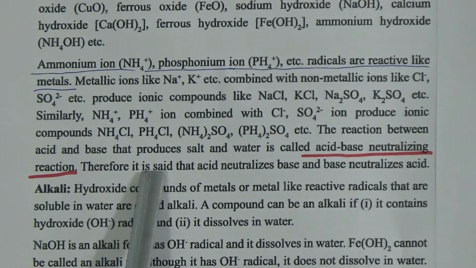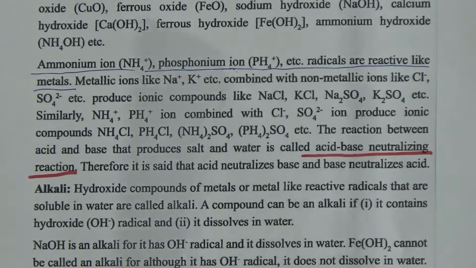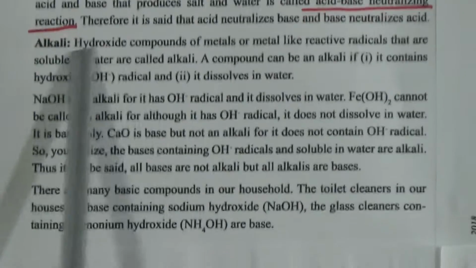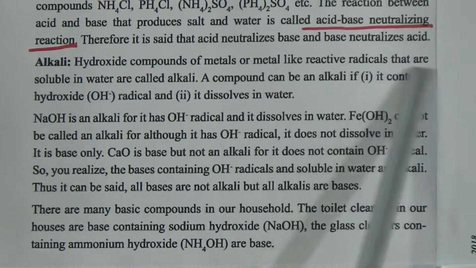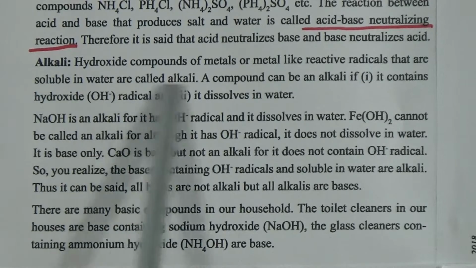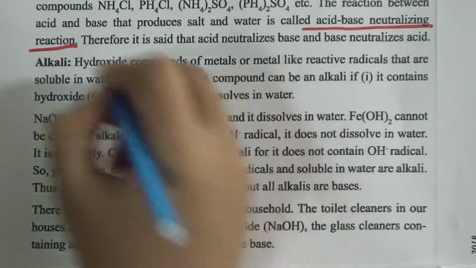And it is said that acid neutralizes base and base neutralizes acid. Now come to the alkali. The hydroxide compounds of metals or metal-like reactive radicals that are soluble in water are called alkali. This is the definition of alkali.